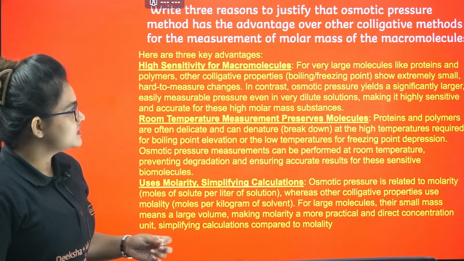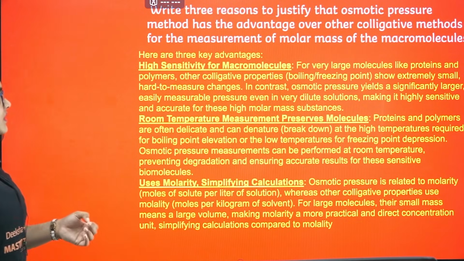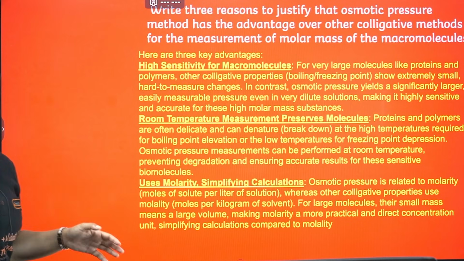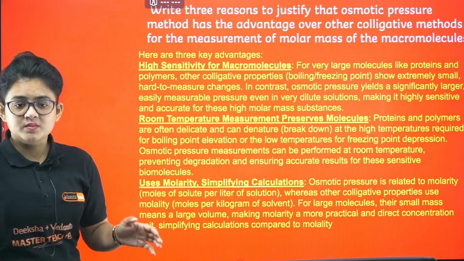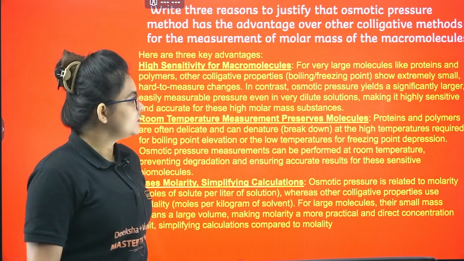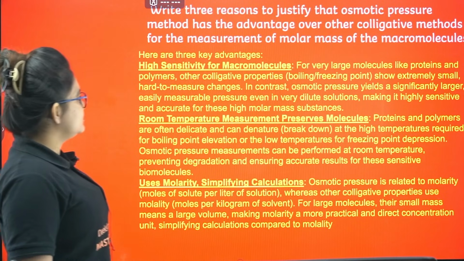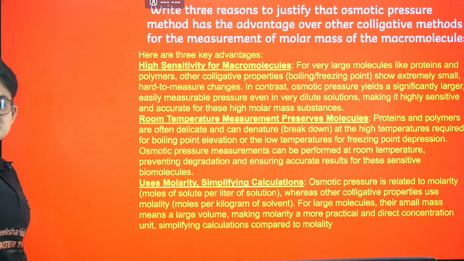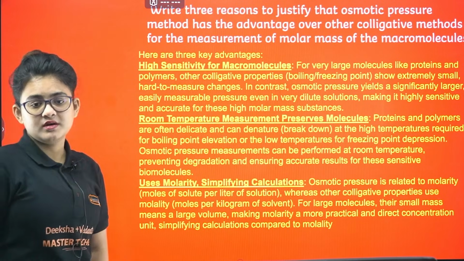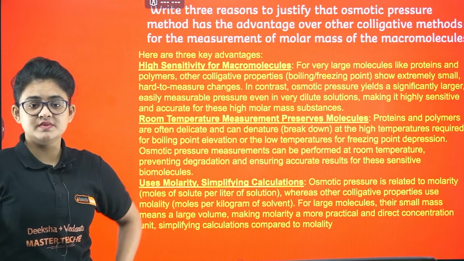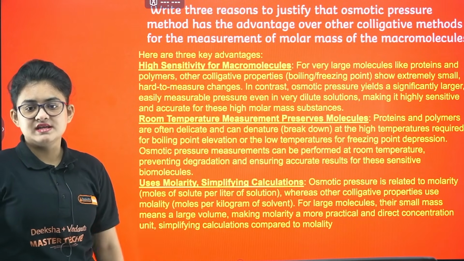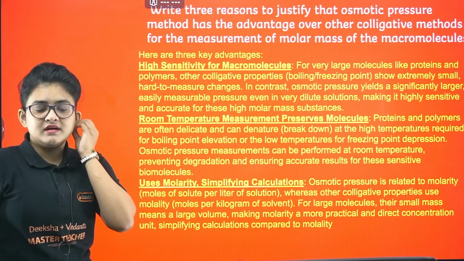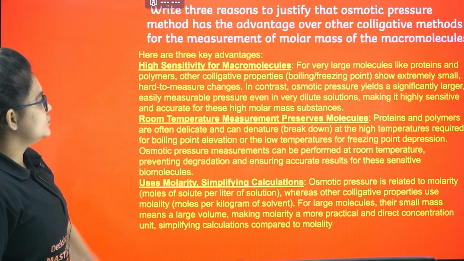Large molecules like protein and polymer are very sensitive, so when you vary other colligative properties like boiling point or freezing point, it's very difficult to measure the change at that particular variation of temperature, because you need a very dilute solution.